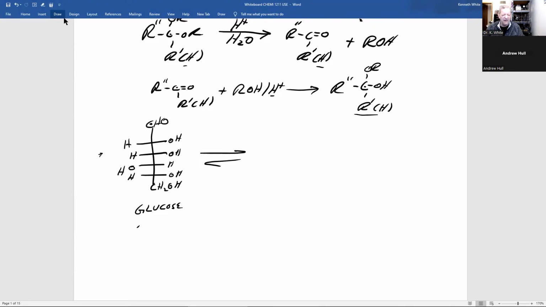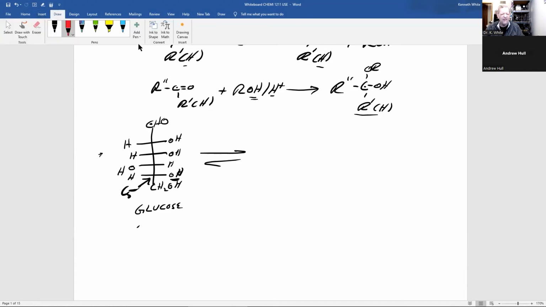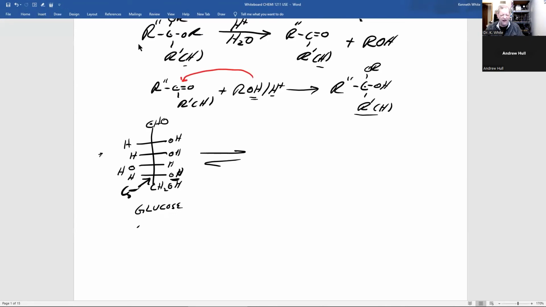Now, here's our carbonyl carbon. Let me rewrite it. I'll leave it like it is. And this carbon, C5, this is the alcohol right here. And this attacks that carbonyl to bond.